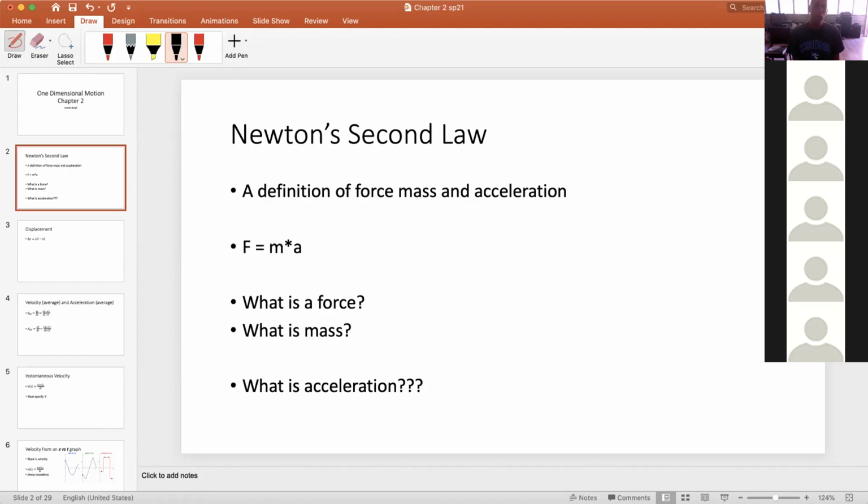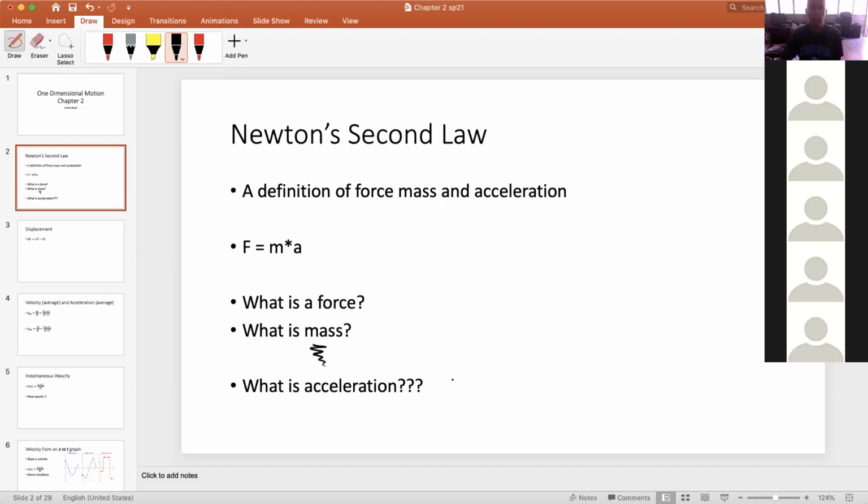But a force causes an acceleration, which means it causes the motion or the velocity of an object to change. However, if the object has mass, how does that affect a force? More importantly, how does it affect acceleration? And so we come to the question of what is mass?